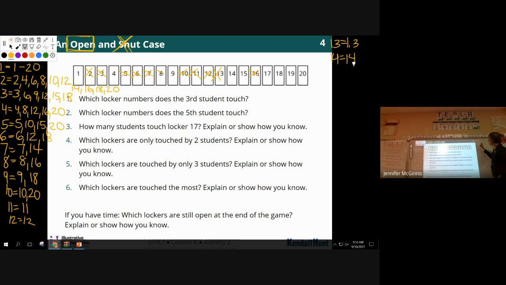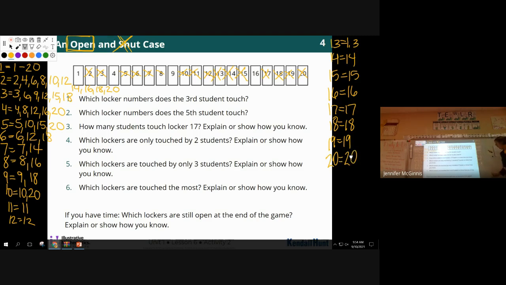What do you notice about the rest of our list? It's only one multiple in the rest of our list, right? 16 is open. 17 is closed. 18 is closed. 19 is closed. 20 is closed.